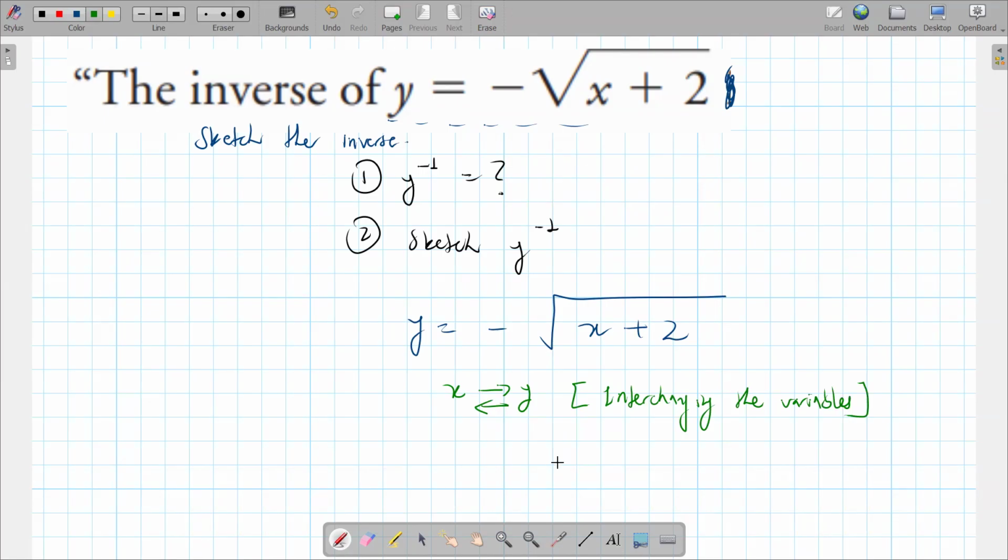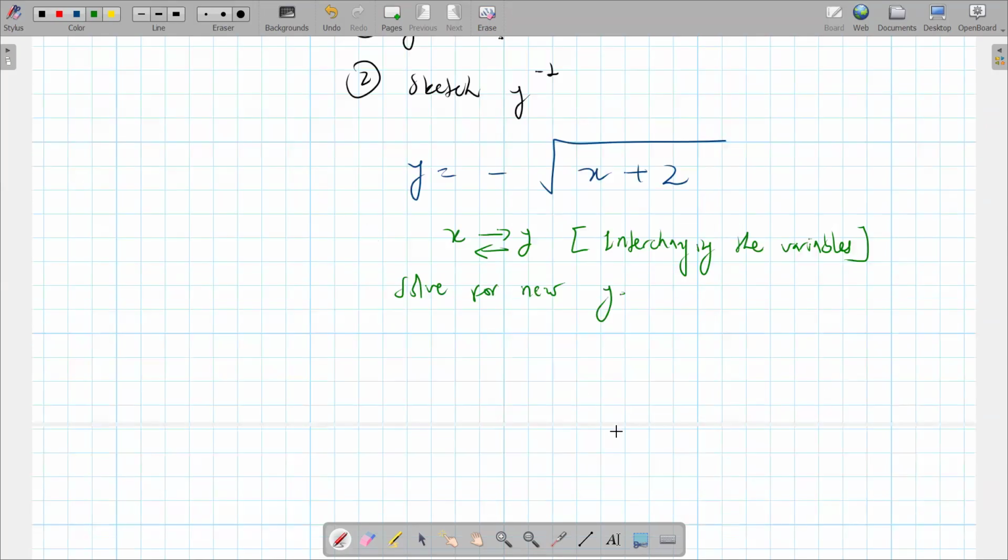Once you do this, the next step is you solve for the new y. It's actually not that difficult. Look at this. So now x is equal to negative root of y plus 2, and now we have a y in here. Now we need to isolate, we need to solve for this y.